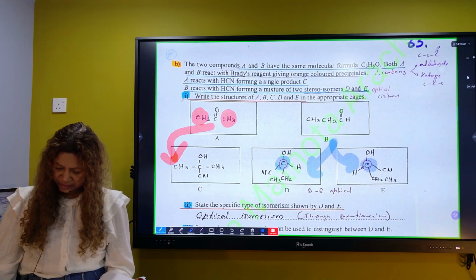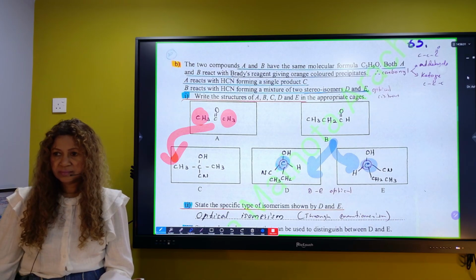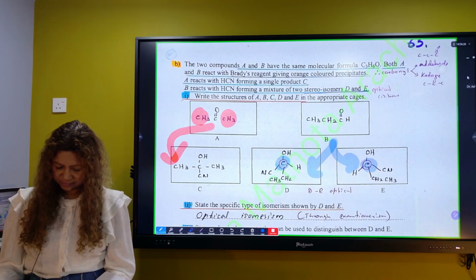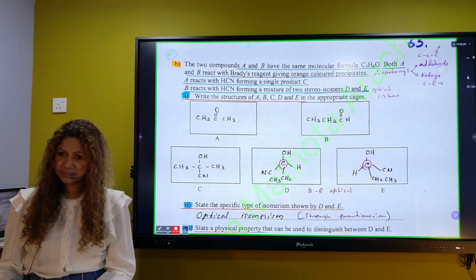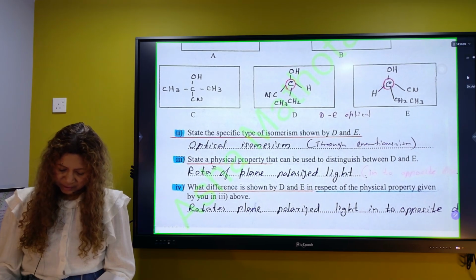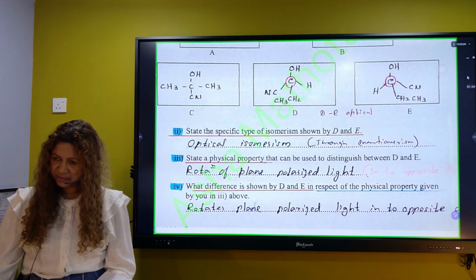State the specific type of isomerism shown by D and E: optical isomerism. State a physical property that can be used to distinguish between D and E: rotation of plane polarized light.